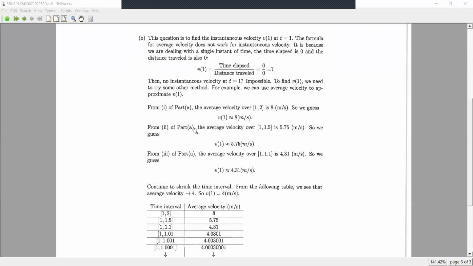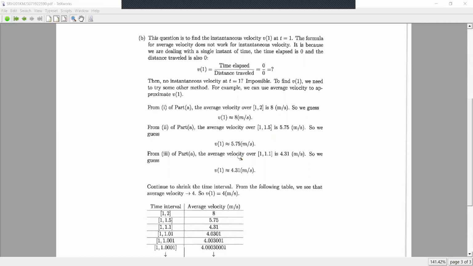Again, from the same part, the average velocity over the interval from 1 to 1.5 is 5.75. So we guess v of 1 roughly is 5.75. Now, this guess is better than this guess. This guess is closer to v of 1 because this interval is closer to 1 than this interval.